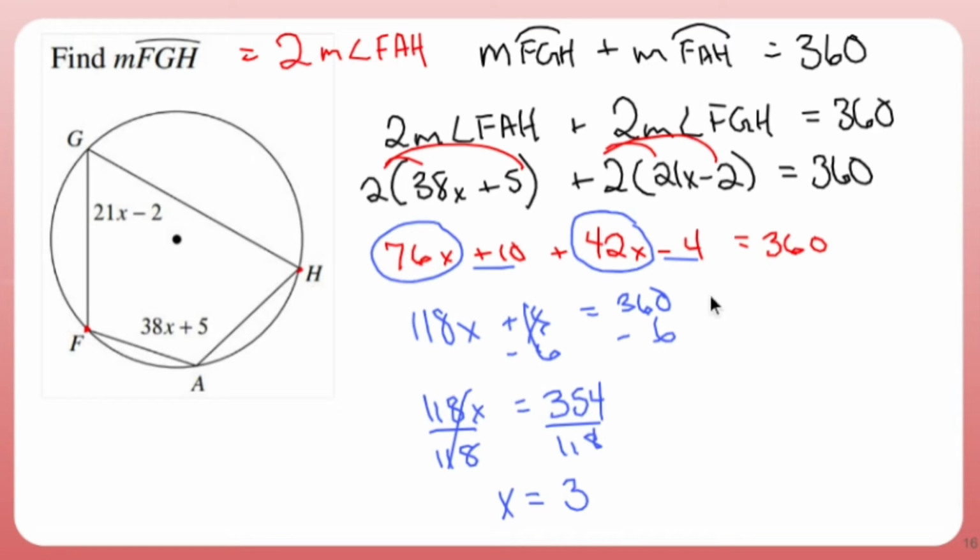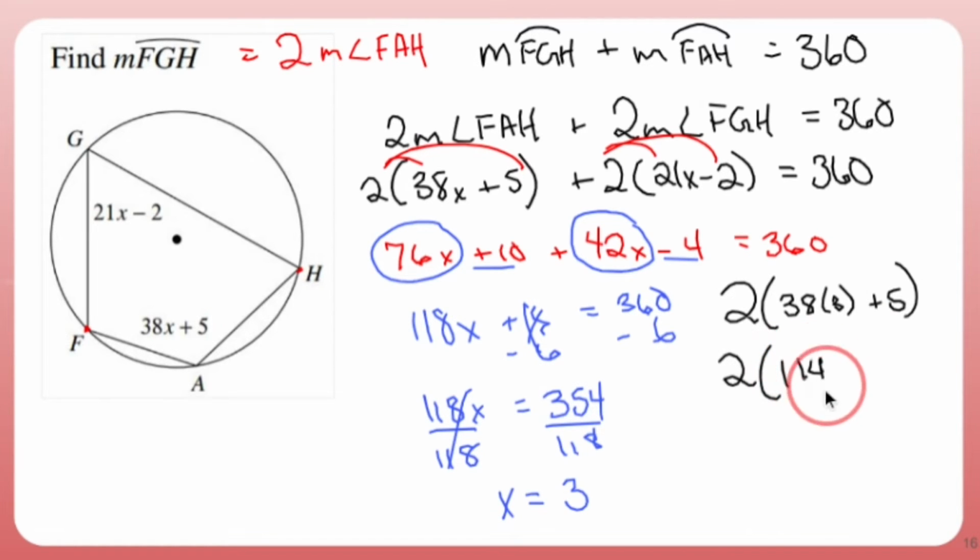So what I care about is 2 times 38x plus 5, where 38 times 3 is now being added to 5. 38 times 3 is 114. 114 plus 5 is 119, and twice that is 238.